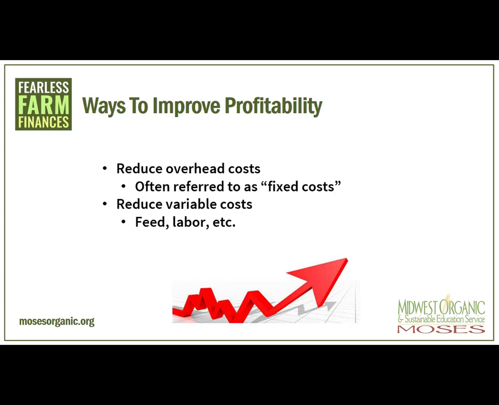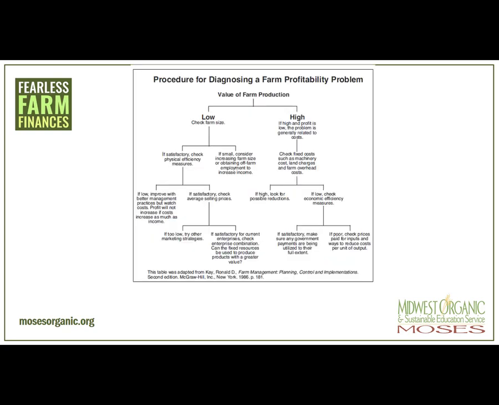We can also reduce our variable costs, our feed and labor, etc. Or we could increase production. If we increase production at the same level of expense investment, we're going to be more profitable if we can market them at the same price or higher as we have in the past. So those are our simple ways to improve profitability.